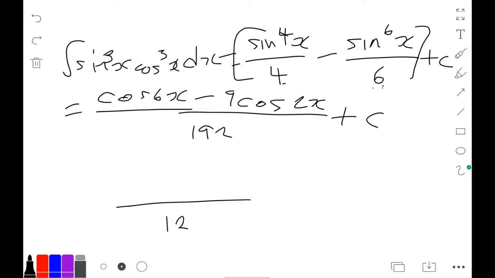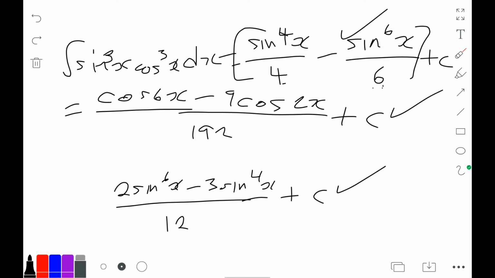Then when you have a 12, your answer will be 2 sine 6x minus 3 sine 4x plus c. So these are all equivalent answers. When you solve them, they are equal. One can have this answer, the other one can have this answer, but at all they are the same answers.